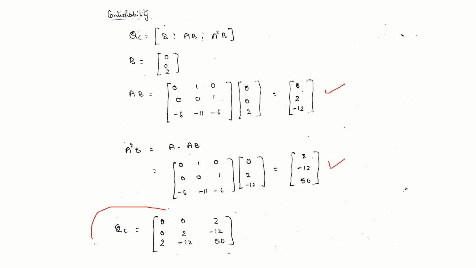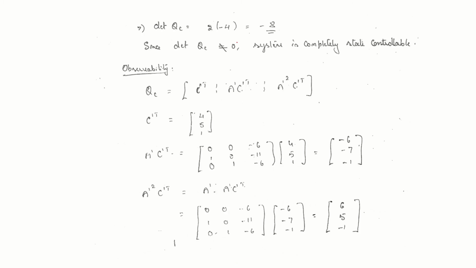Then you get the composite matrix: 0, 0, 2, 0, 2, minus 12, 2, minus 12, 50. And you find out its determinant. Found to be minus 8. It is not equal to 0, so its rank is n, that is rank is 3, completely state controllable.